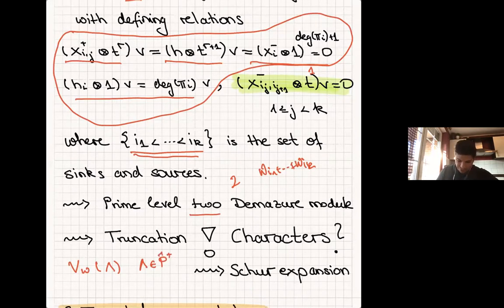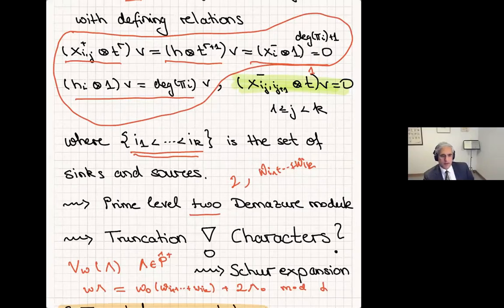Then the connection between this 2 and this omega I1 up to omega Ik is exactly that if you apply W on lambda, the weight of the extremal weight vector is given by taking the longest Weyl group element, W naught, on this omega I1 up to omega Ik, plus 2 times lambda naught. And this you do modulo this imaginary root delta.